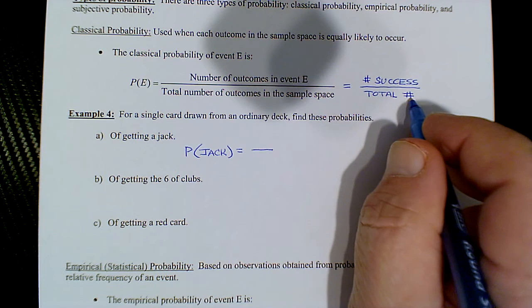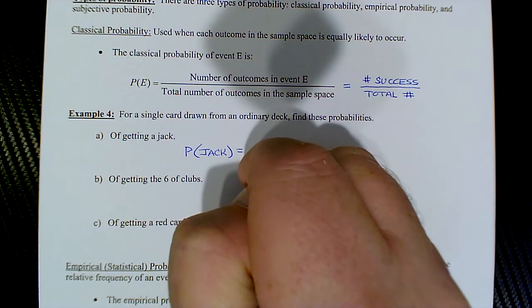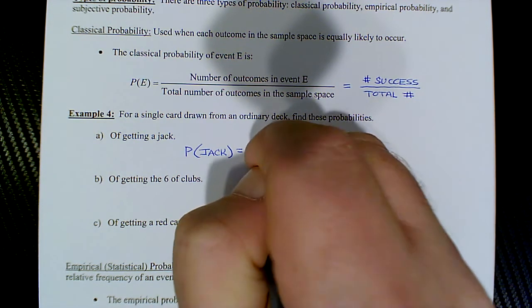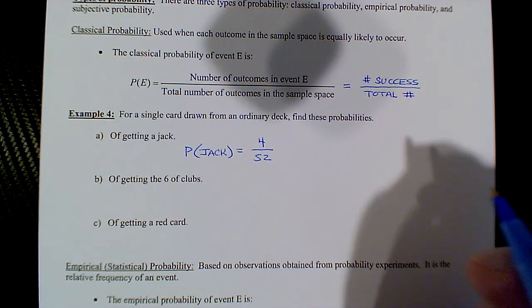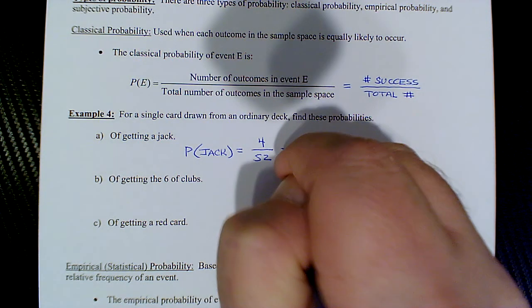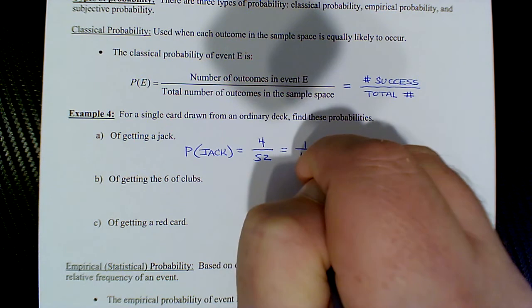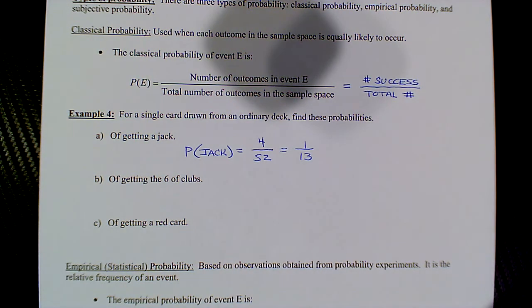There's a total of 52 cards in the deck, and 4 of them are jacks. So 4 would be considered successful. And then we could reduce that as a fraction to 1/13. Just be careful, in my math lab they might ask you to calculate and round to a specific decimal, whatever the case, but there's a fraction in lowest terms.